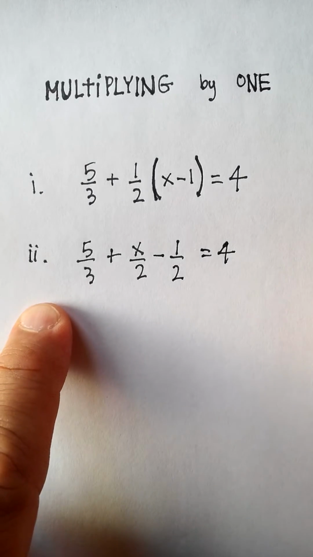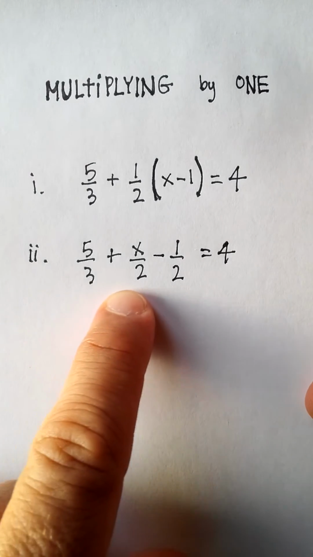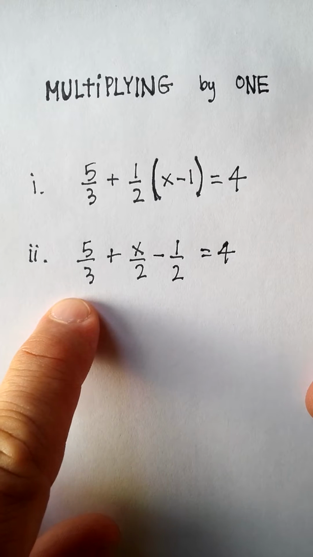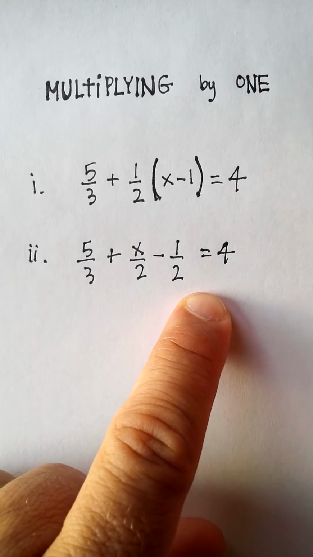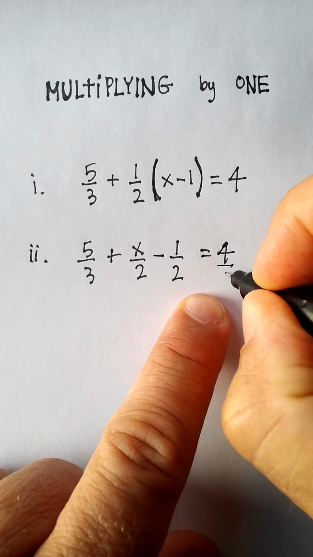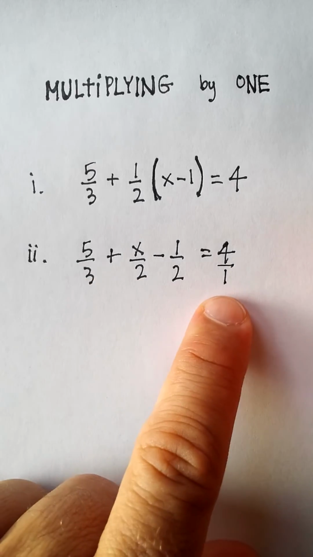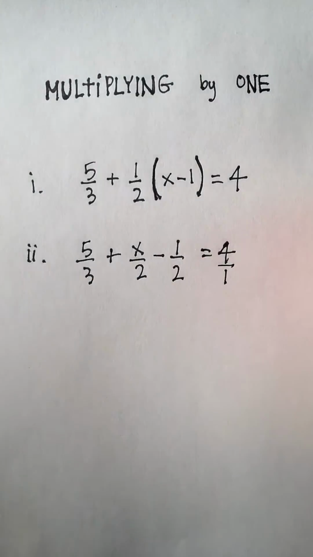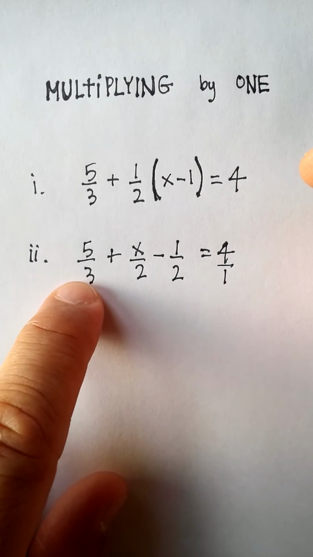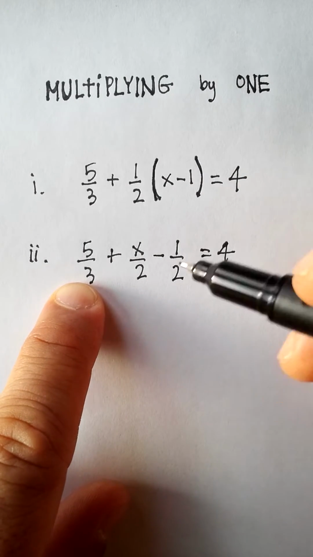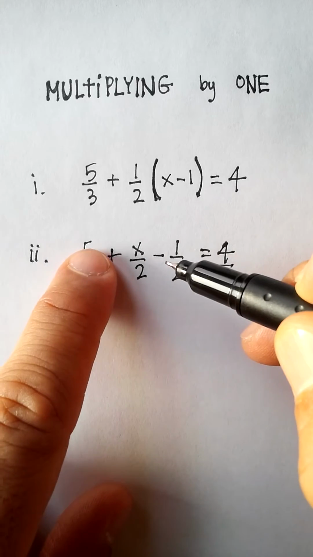Now, remember I said that the goal was to try to get everything into additions and subtractions, and now I've got that. The reason I want to do that is because I need to multiply each term. Remember what a term is. A term is any combination of numbers and variables separated by additions and subtraction.